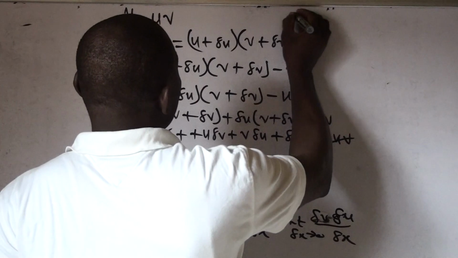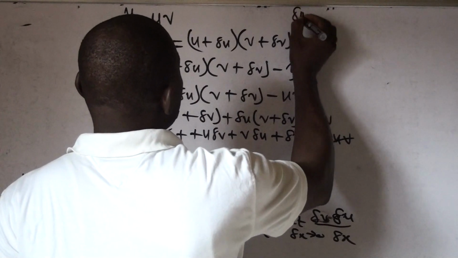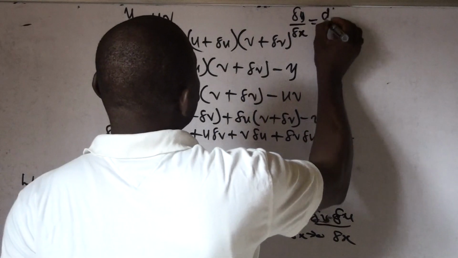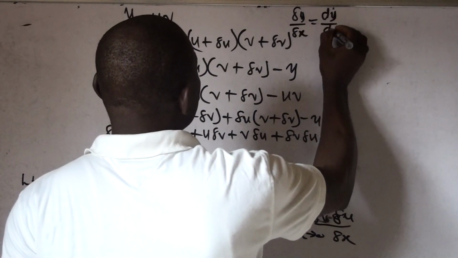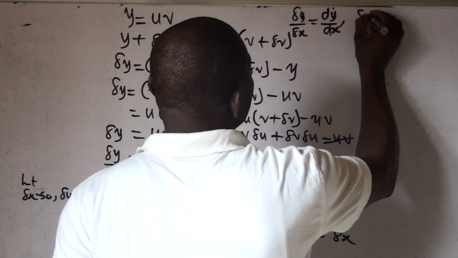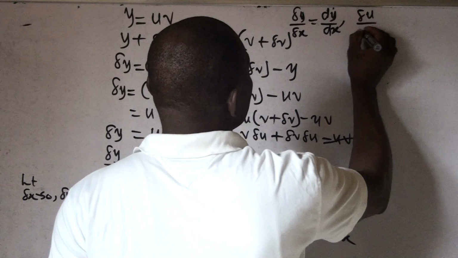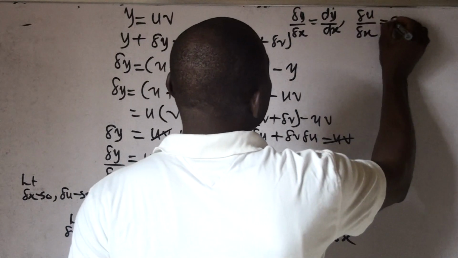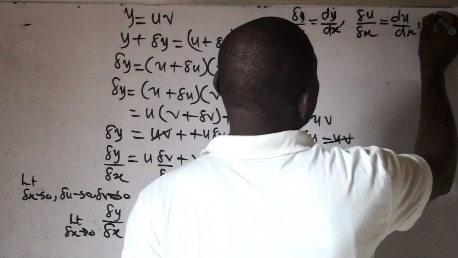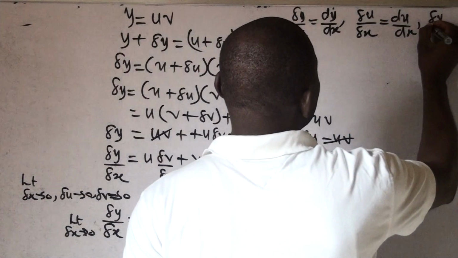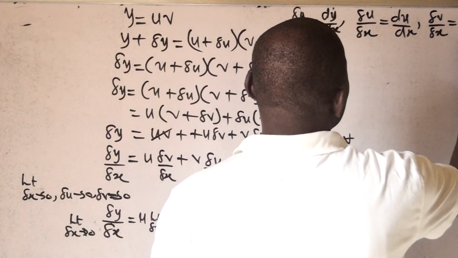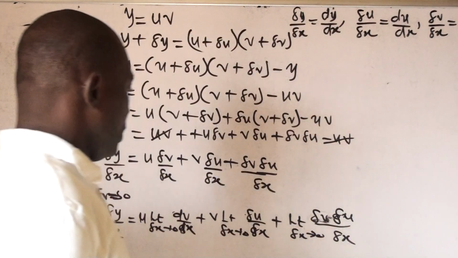So our delta y over delta x becomes dy/dx, delta u over delta x becomes du/dx, and delta v over delta x becomes dv/dx.